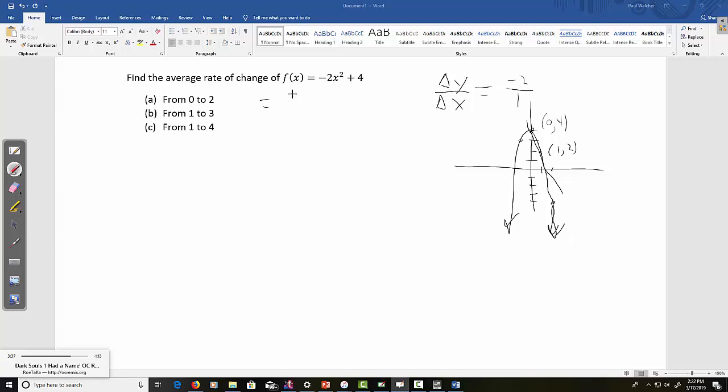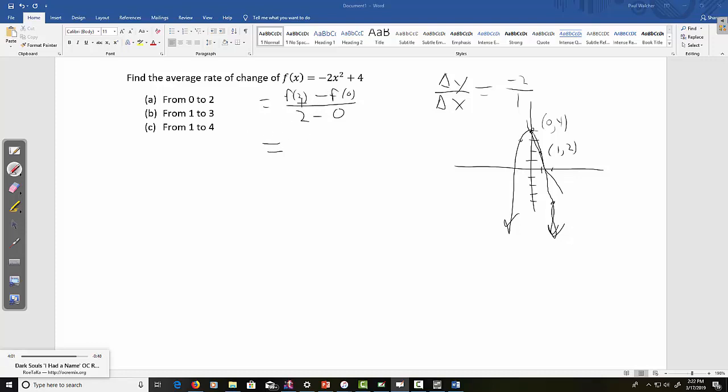You're calculating the y values, f of 2 and f of 0, and subtracting them, and then you're going to be subtracting the x values. So average rate of change is just slope calculation. It's finding the slope of the secant line.